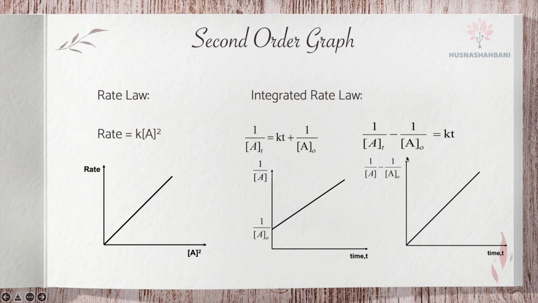For the other equation, on the y-axis you have 1 over [A] minus 1 over the initial concentration of reactant A, and on the x-axis we have time, and it increases. This is the integrated rate law graph for second order.